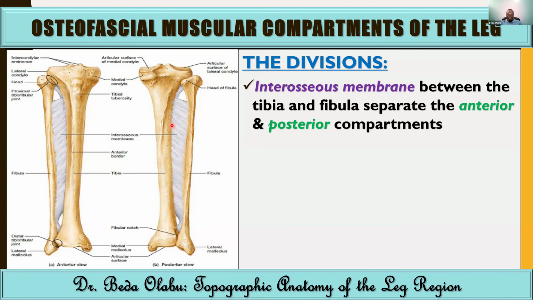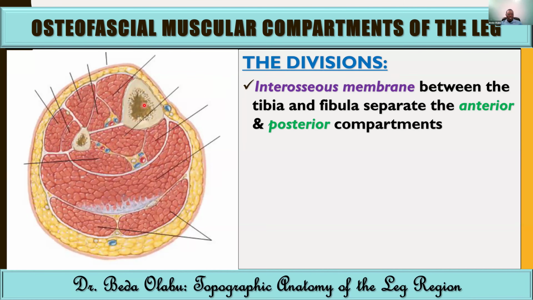The one in front is termed the anterior compartment and the one behind is termed the posterior compartment. This image shows you a better view of that. This is the tibia in cross-section, that's the fibula in cross-section, and this is the interosseous membrane. We take note that the compartment anterior to the membrane is the anterior compartment, and the compartment behind the membrane is the posterior leg compartment. As simple as that. So the membrane is useful in separating the anterior and the posterior compartment.